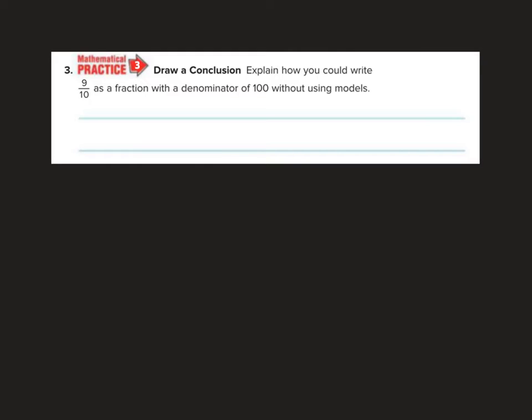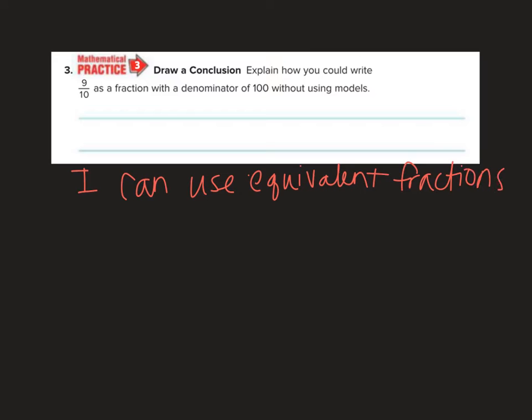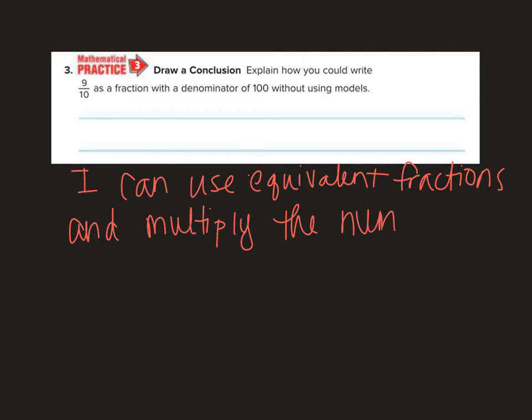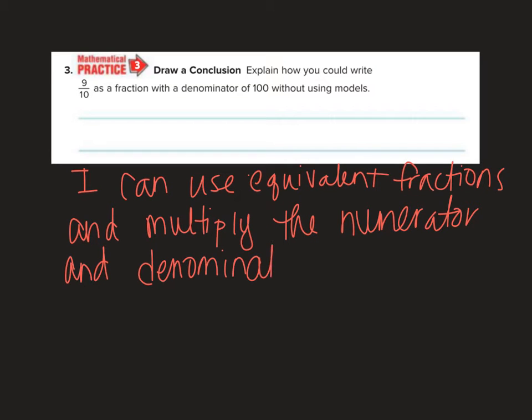Explain how you could write 9 tenths as a fraction with a denominator of 100 without using models. So I can use equivalent fractions. Look how I'm using vocabulary words, guys. Equivalent fractions, and multiply the numerator and denominator by 10.